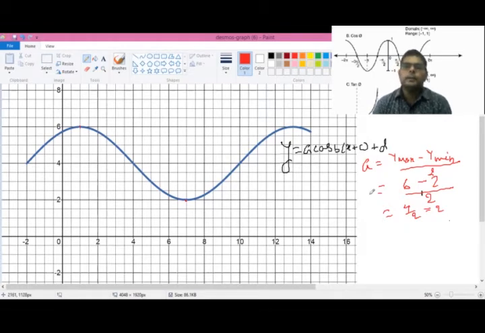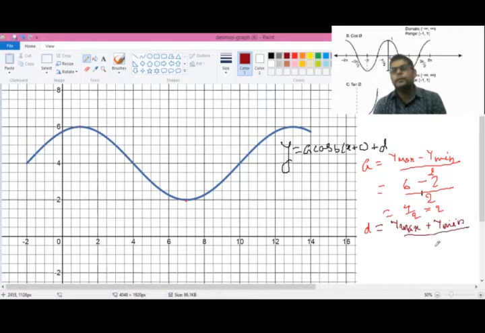Now what do you think about the values of b and c? We'll see later. So first of all, let's find the value of d. d equals y maximum plus y minimum divided by 2.